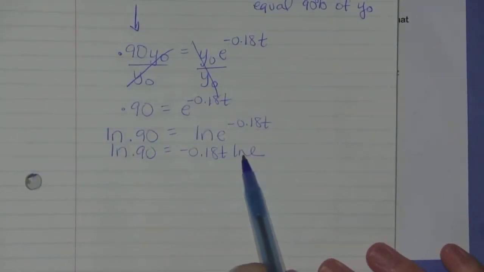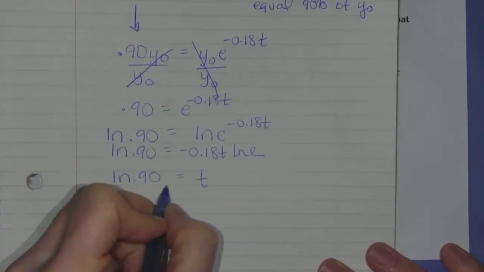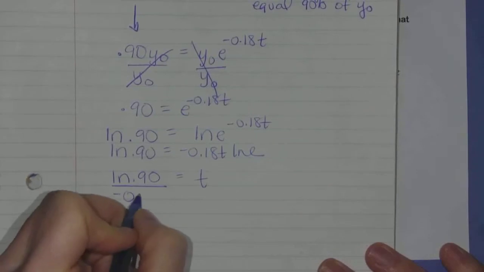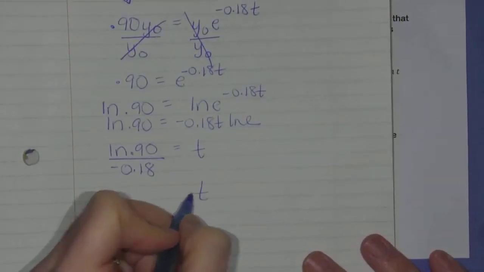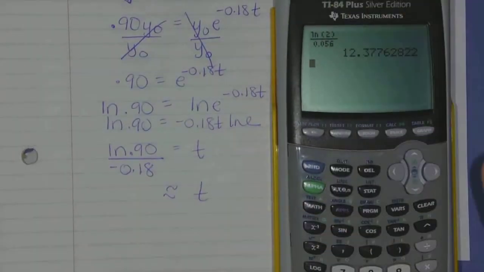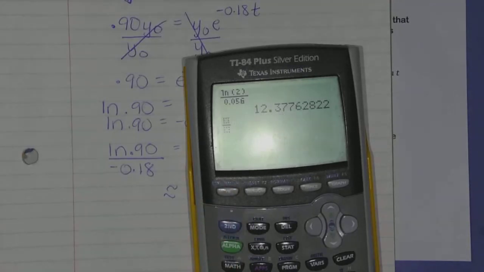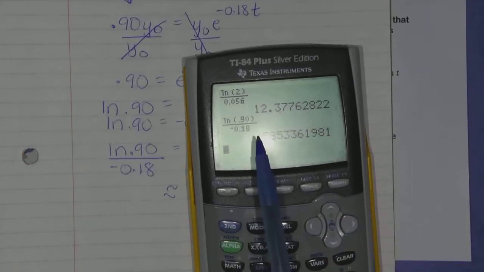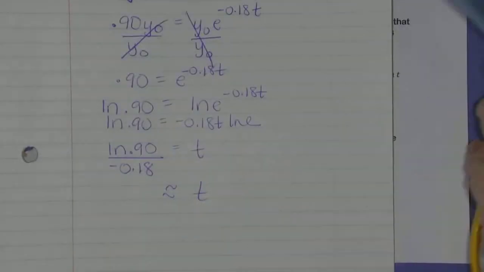Since the natural log of e is 1, I need only divide both sides by negative 0.18 to solve for t. So t is going to be approximately, now remember this is days, put this in here. So it was the natural log of 0.90 divided by negative 0.18. So it looks like about 0.585 days, so not even a full day.